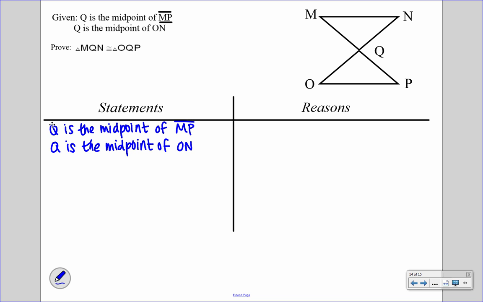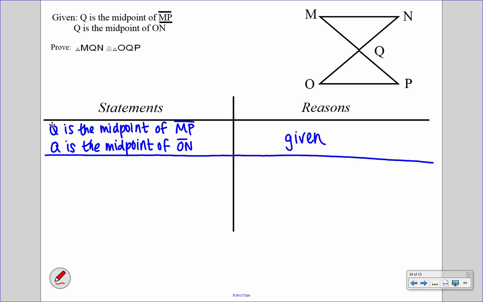And we can write that down because it is given. So let's do these one at a time. So the first one, Q is the midpoint of MP. That means that these two pieces are going to be congruent to each other. So we can say that MQ is congruent to QP because of the definition of midpoint.